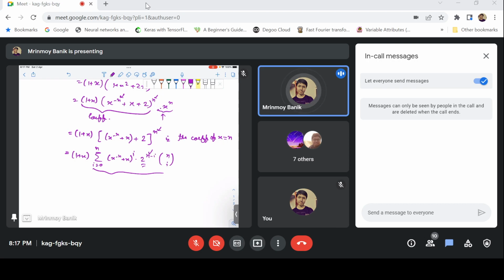Right, so now let's find out the coefficient of x in the expansion of 1 x power 1 minus n. We can take this thing inside, right? So it is the sum over I runs from 0 through n.